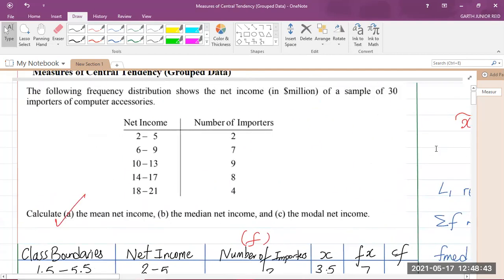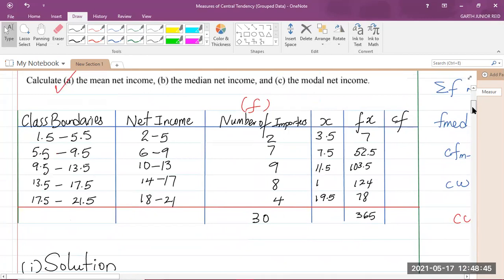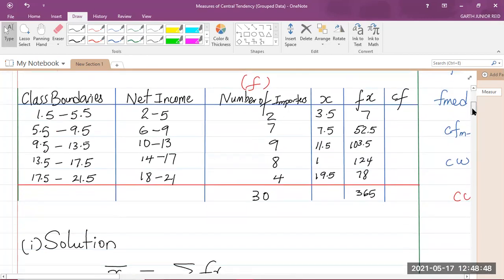Good. So let us fill in the table. Just find the cumulative frequency, we're going to fill in that column. So let's look at f. The first value for f is 2, so we write it back here. Then 7 plus 2 gives us 9.